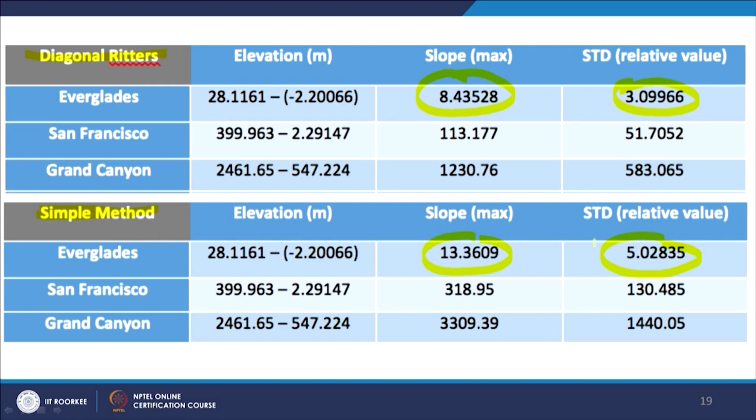So it is different for different terrains, this is the point which I have been mentioning. If a lot of variations are present, results are going to be different. If fewer variations are present, results are still going to be different, no matter what method you employ.